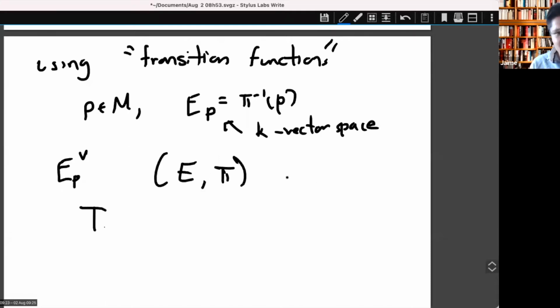But let's say, in practice, we use the word E. So whenever you have E, you can talk about the dual bundle, but you can also talk about the tensor product and so on of vector bundles, etc.